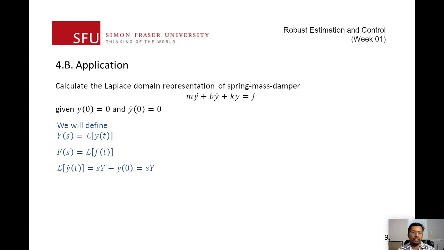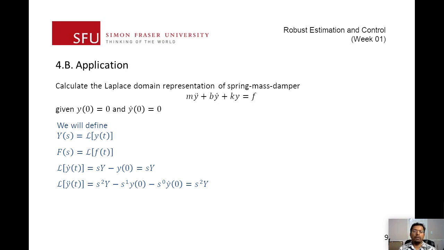Because y of 0 is 0, this just gives us s times capital Y. And the Laplace of y double dot becomes s squared capital Y minus s times little y of 0 minus y dot of 0. All of these values, little y of 0 and y dot of 0, are 0. That means the Laplace of y double dot just becomes s squared times Y.